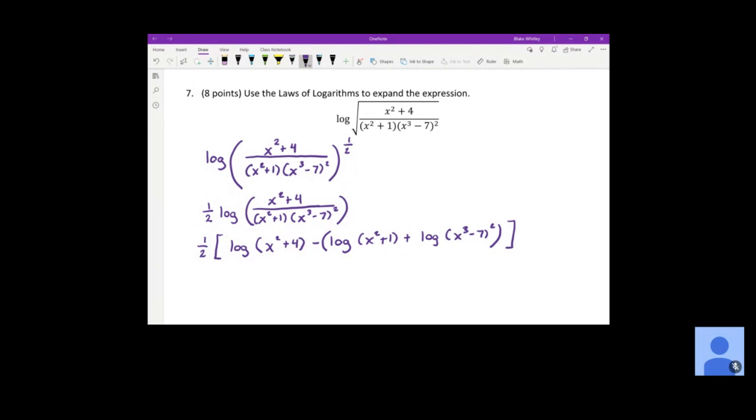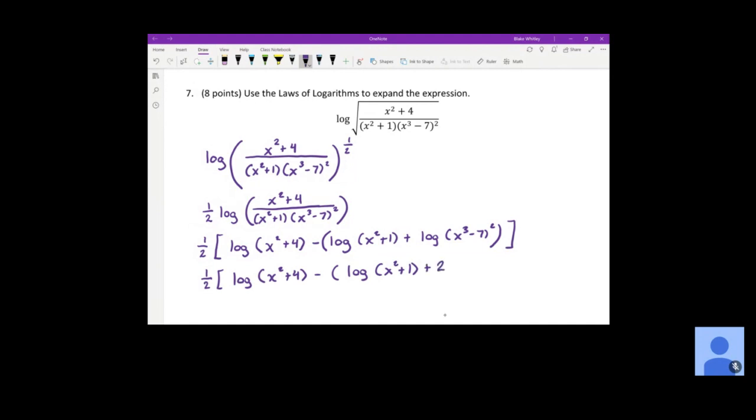Right. Is there anything else we can do here? Any of our properties we could apply? Good. So we still have a 2 in the exponent in that last logarithm, so we still move that to the front. So I'm going to keep my 1/2 out front here. We have log of x squared plus 4 minus log x squared plus 1. I'm going to bring the 2 out front of just that log, right?